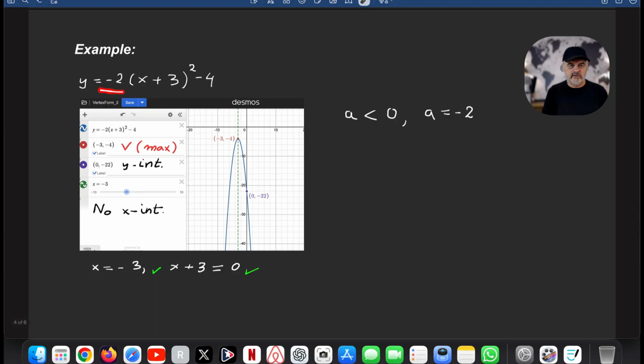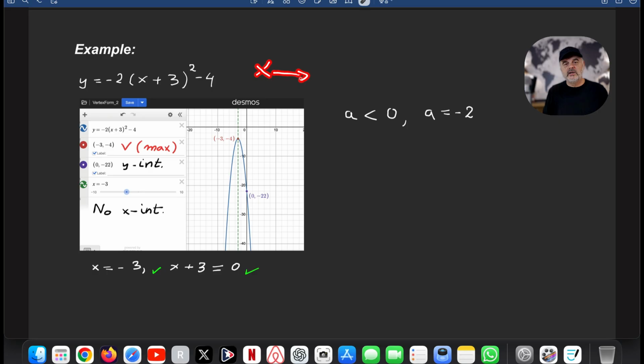Okay, so this is example number 2. A is negative, so that gives you the direction of the opening of the parabola, right? x plus 3 raised to the power of 2 minus 4. So x plus 3 tells you that the value of h is negative 3, because negative 3 in the formula would convert into plus 3.